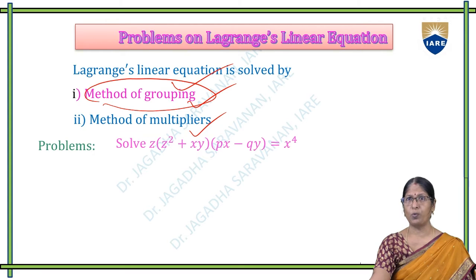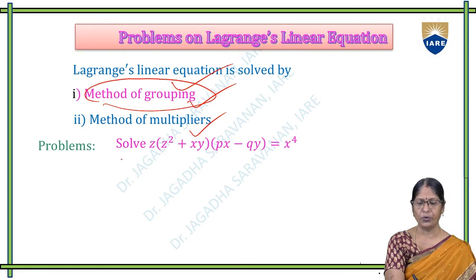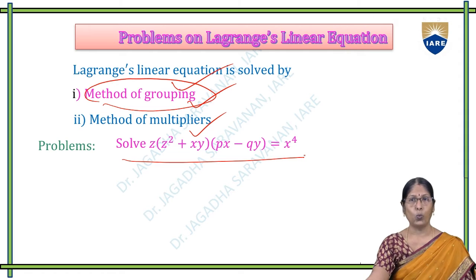The first problem we are going to solve now is: solve z(z² + xy)(px − qy) = x⁴.